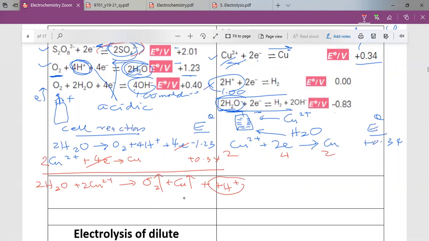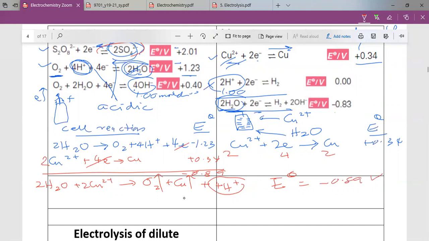Now for the E value, you just add up. Here you show a negative value, that means it cannot happen. You subtract, it'll be minus 0.89.